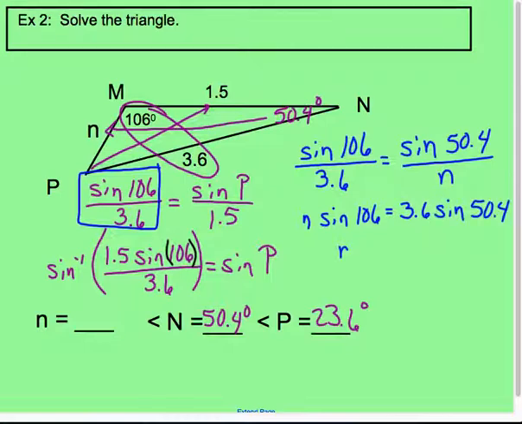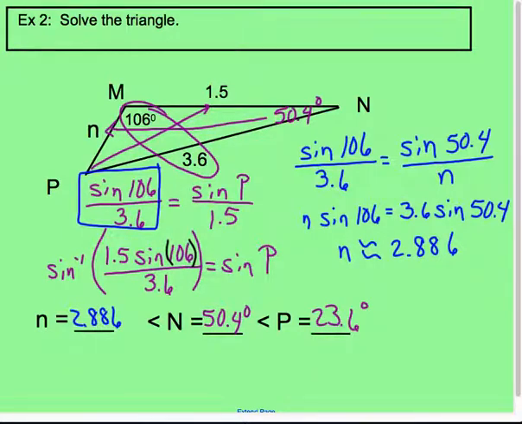And then I'm dividing both sides by the sine of 106. And I get about 2.886 for my side length N.